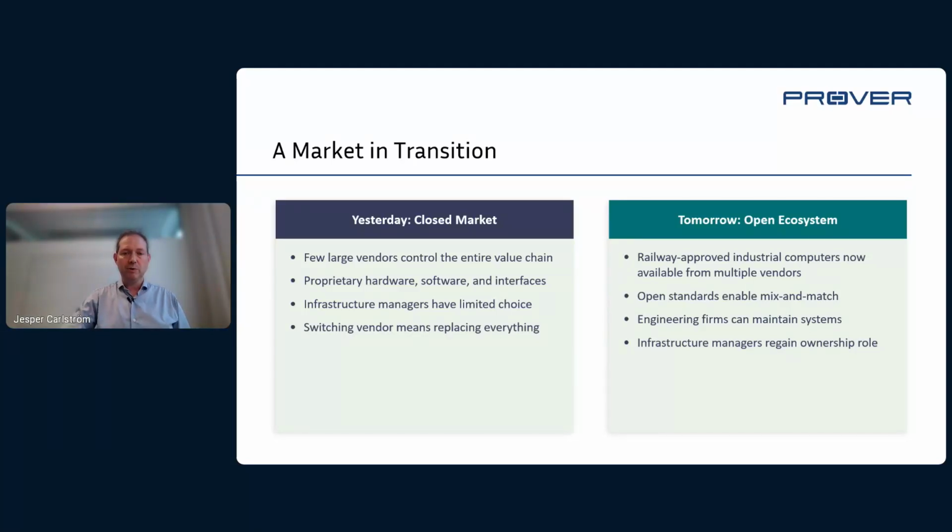What we want to achieve with the open way of thinking is to use industrial computers that are now good enough for rail applications, to apply open standards so that we can mix and match components from different vendors, and enable engineering firms to maintain the systems, with the aim, of course, that infrastructure managers regain ownership again.